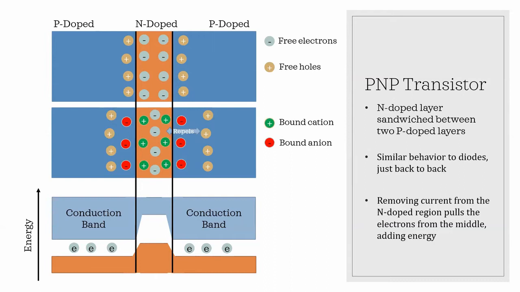So the ability to control the current in this manner is the foundation of all modern computers and all systems that rely on binary components, like every single piece of electronics that exists right now, except for quantum computers, but that's for another class.